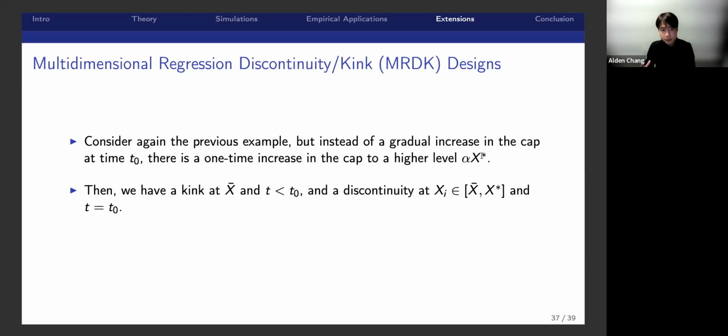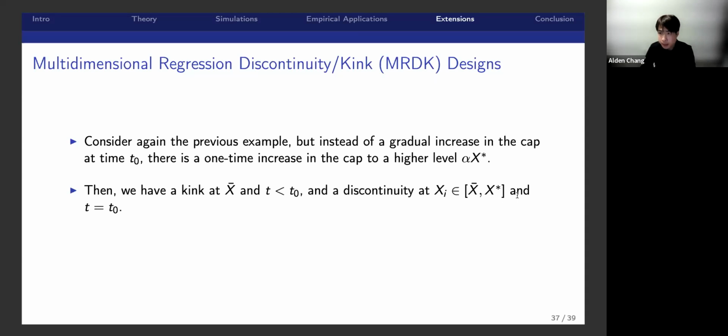Now we have a kink as before at x bar prior to t0, but we also have a discontinuity for prior earnings between the previous value associated with the kink and the new value.